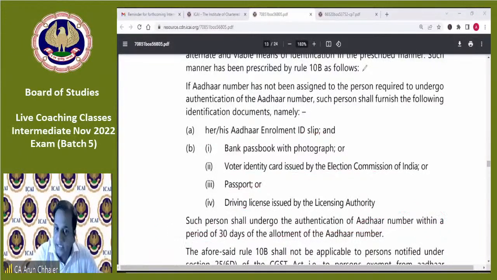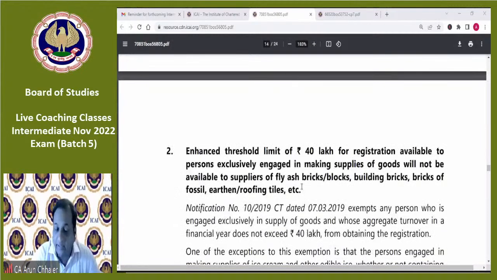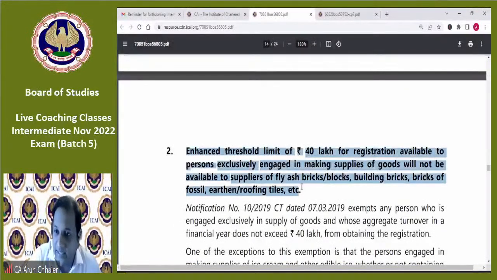This is the first change, and there is a second change. You know that yesterday in the last class we discussed that the 40 lakh limit is not applicable in certain cases if you are doing the business of pan masala, tobacco, correct?